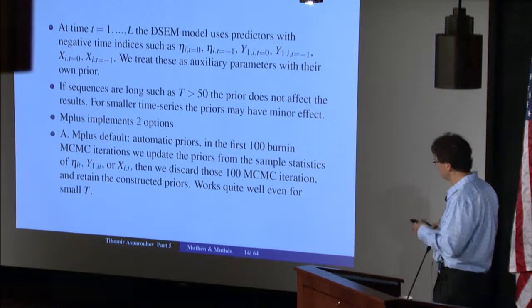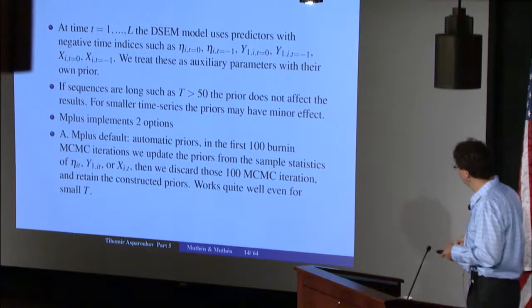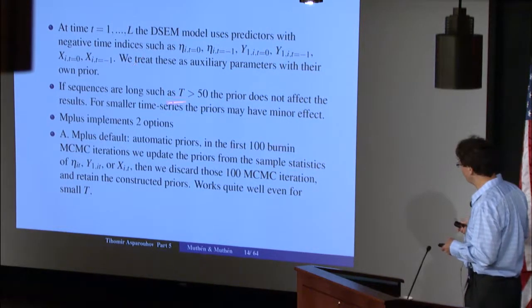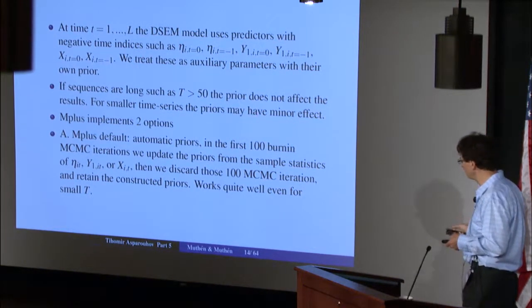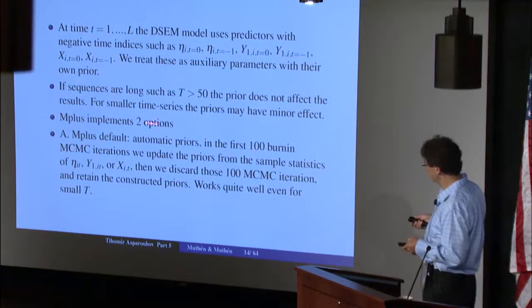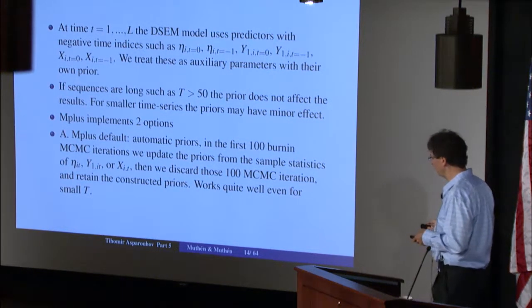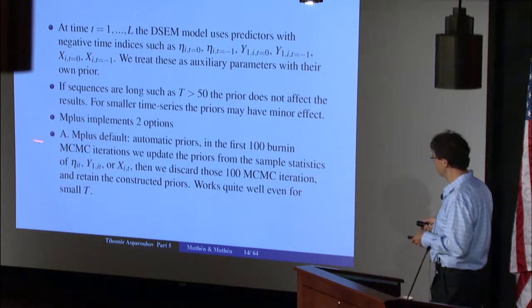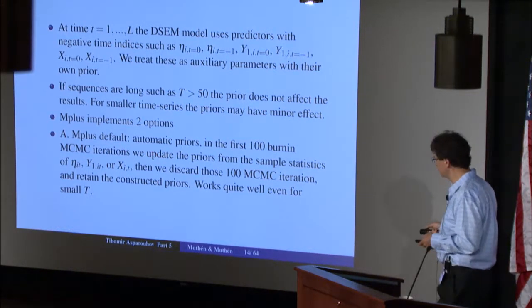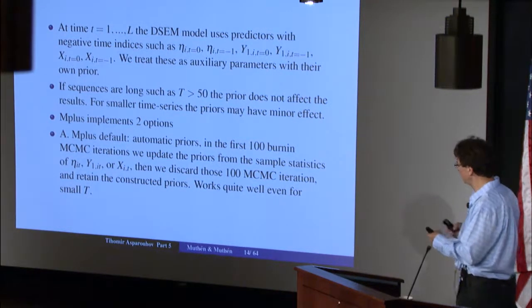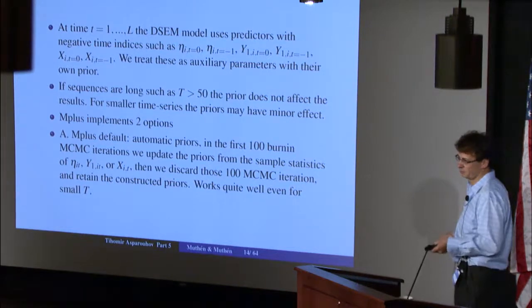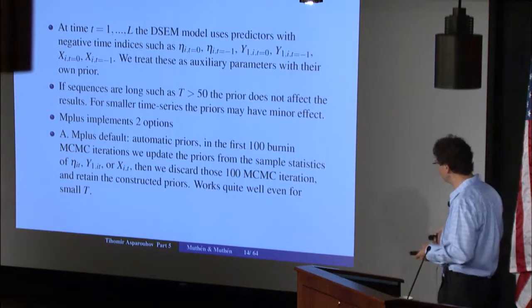However, for some small time series situations, these priors can have some minor effects. In Mplus, there are two options that are implemented, and the first option is the default option. We actually provide these priors for you, so you don't have to worry about them.